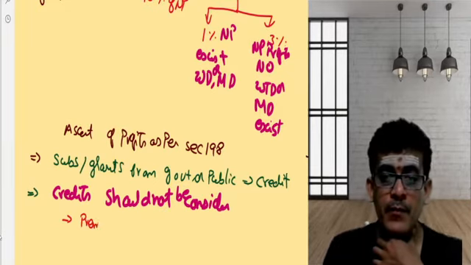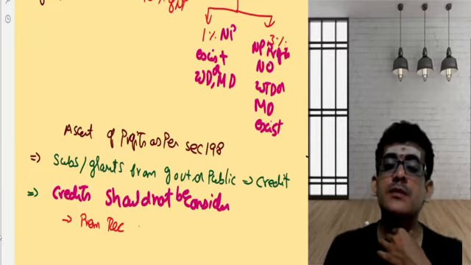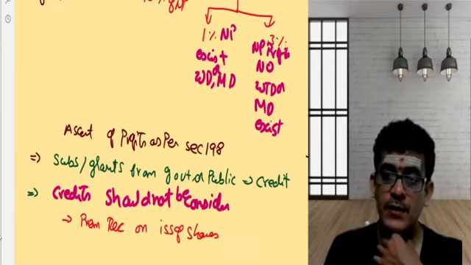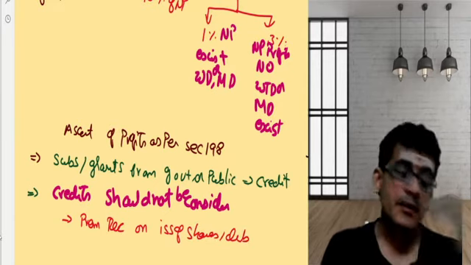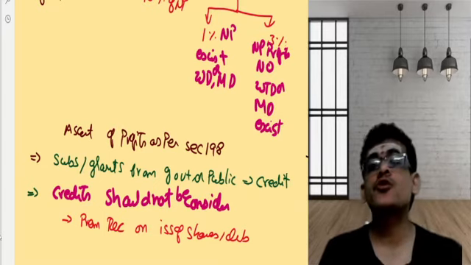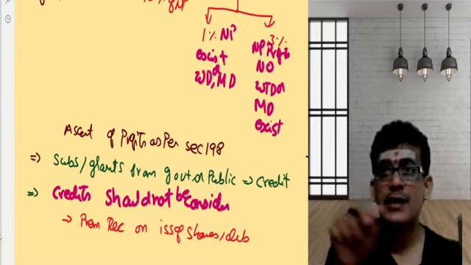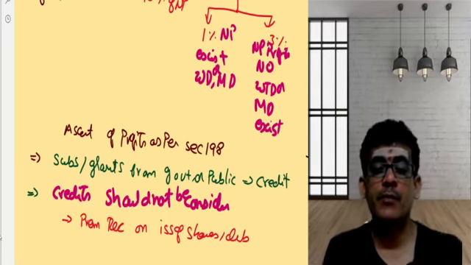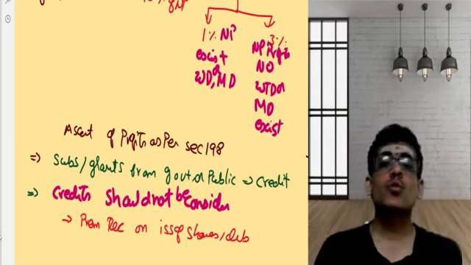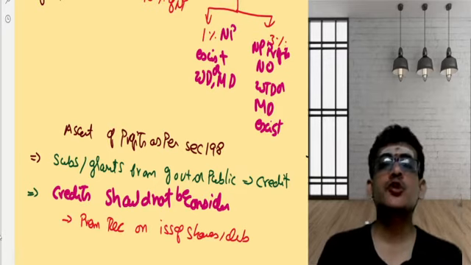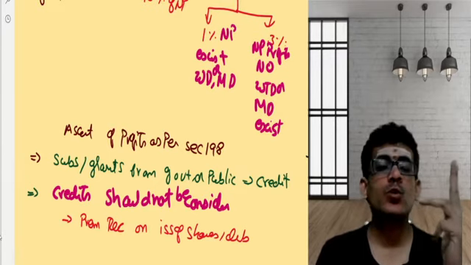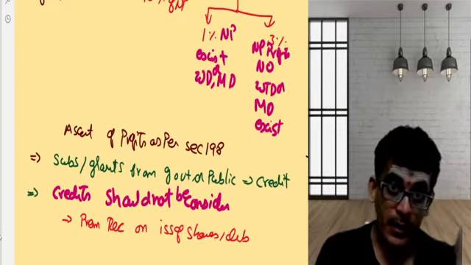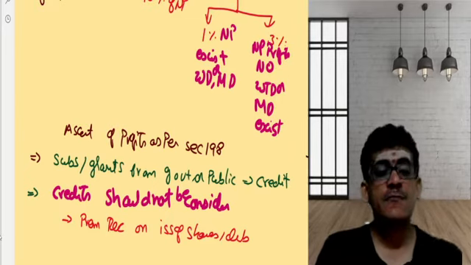Whatever premium received on issue of shares or debentures, if this premium is credited to your profit and loss account, that should not be considered for calculation of your net profit as per section 198.